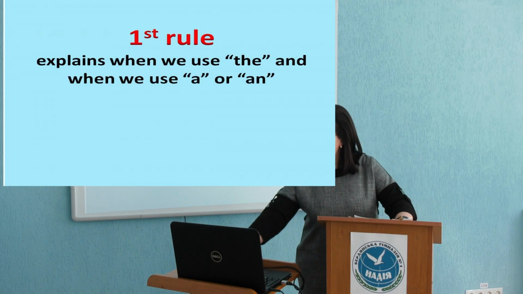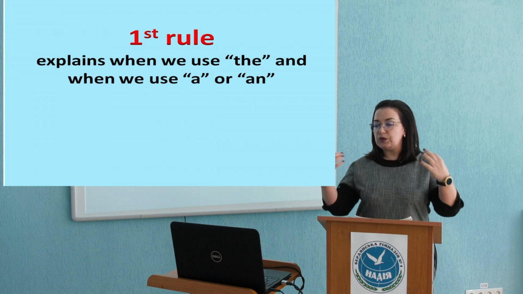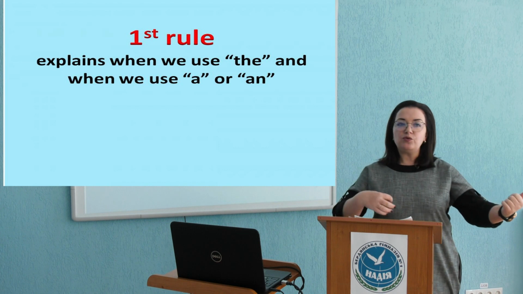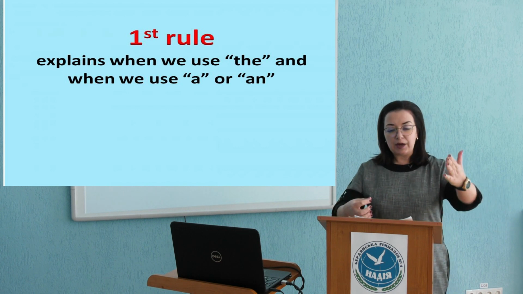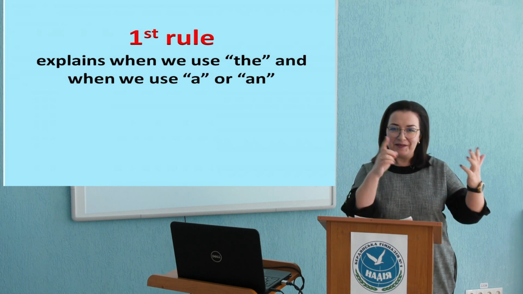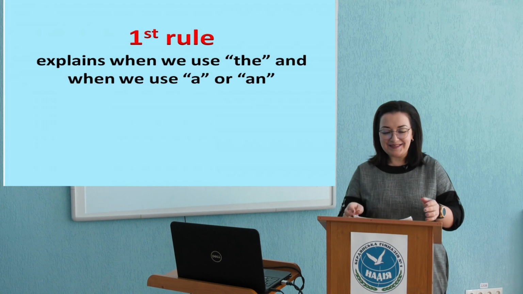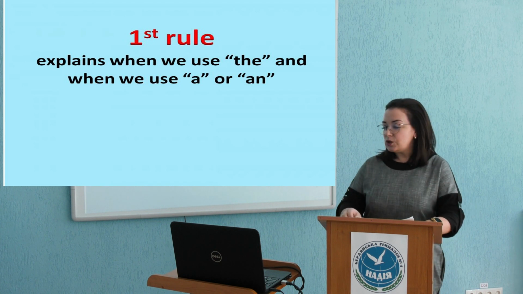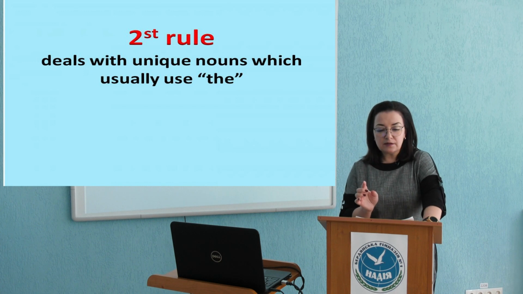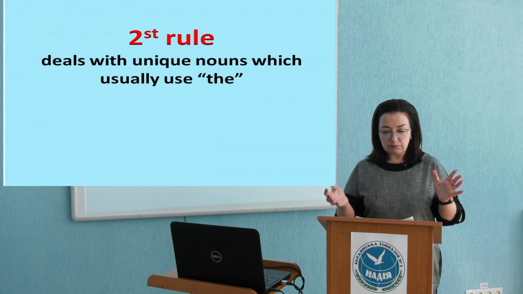So, the first rule. The first rule explains when we use the definite article the and when we use the indefinite article a or an. Remember the story about the bird, the man, the cat? Remember? Good. The second rule deals with unique nouns, which usually require the.